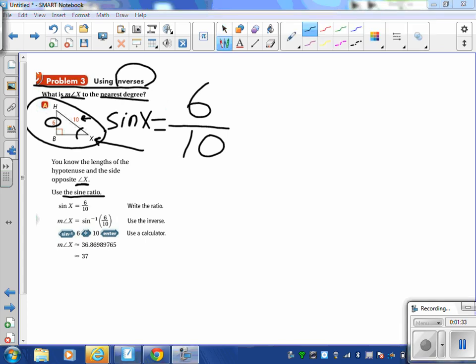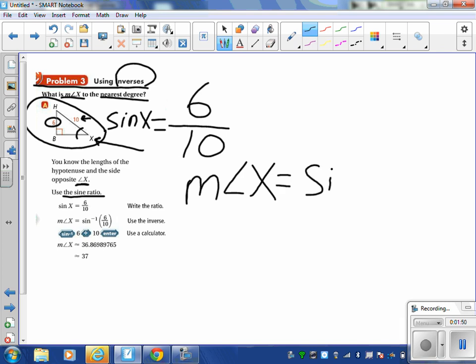To do that, I need to write this formula like this. Measure of angle x equals sine to the negative first power times 6 over 10.